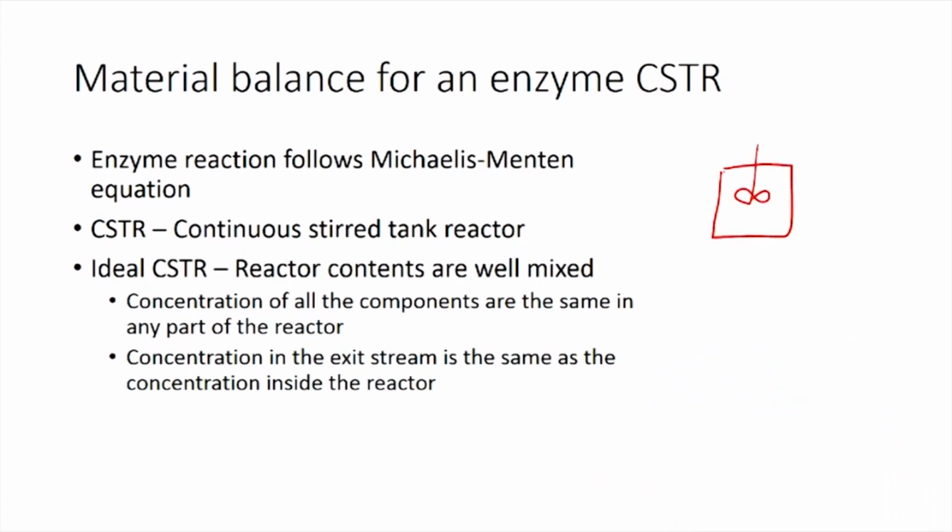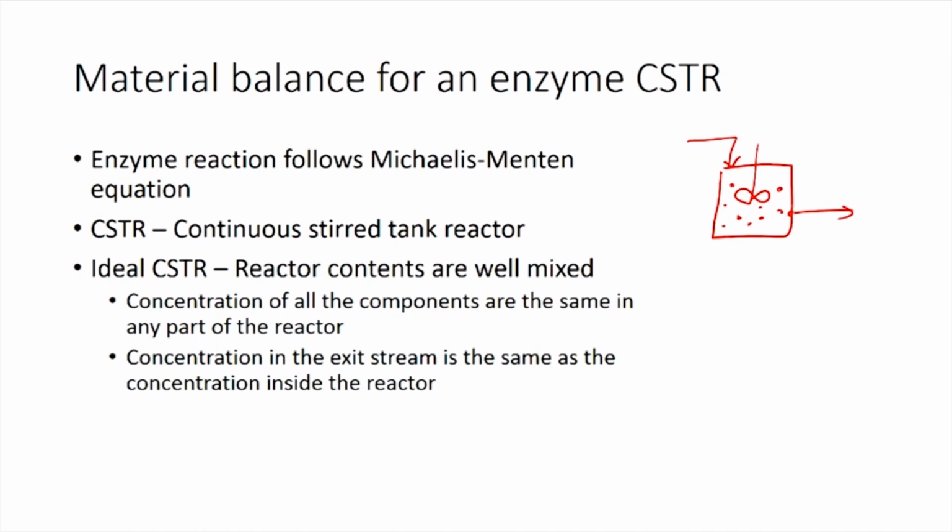As you see here, this is a simple representation of a CSTR. If I have an ideal CSTR, the concentration of a component would be the same in all these points which I have marked. That is because it is a well mixed reactor. This would also mean that the concentration at this point, where the exit is being drawn, would be the same as the concentration present anywhere else in the reactor.